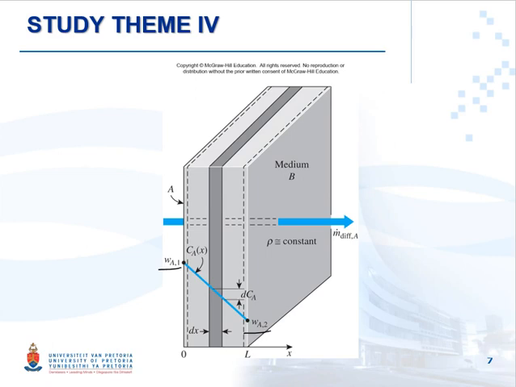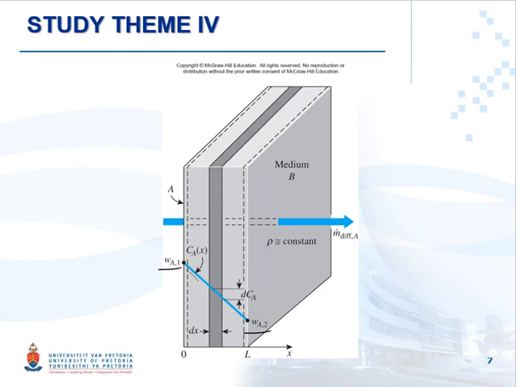So for steady, one-dimensional mass transfer with no chemical reaction through a wall, concentration does not change with time. As you can see, it's just linear from WA1 to WA2. But again, think about the assumptions: steady, one-dimensional, no chemical reactions.